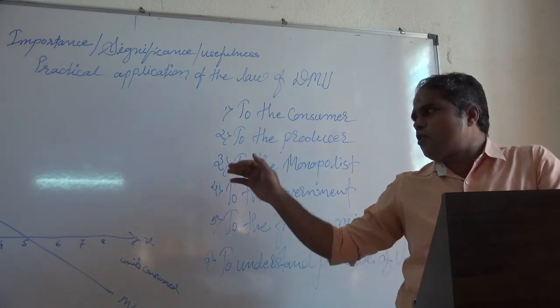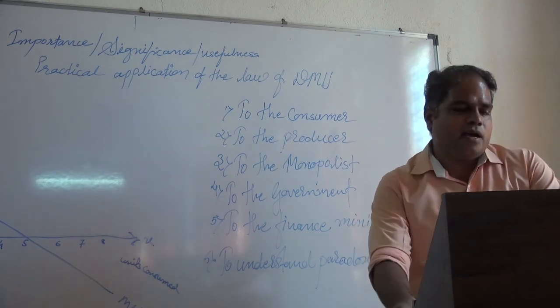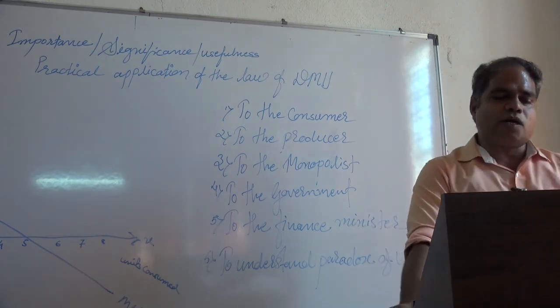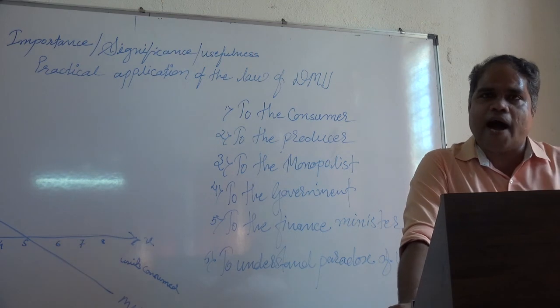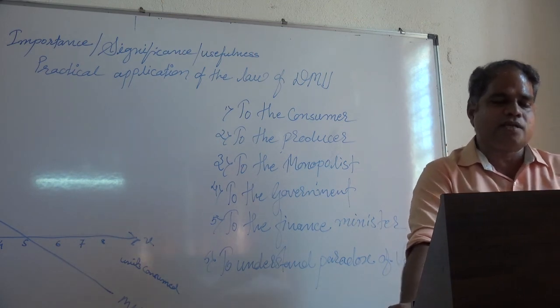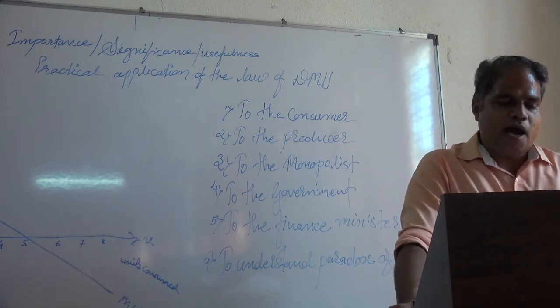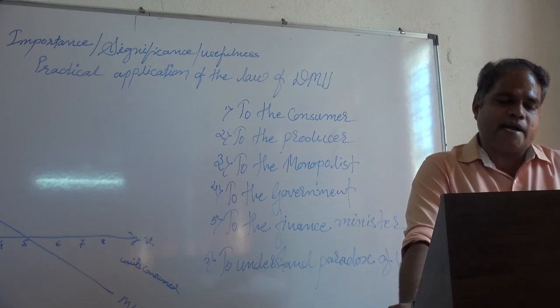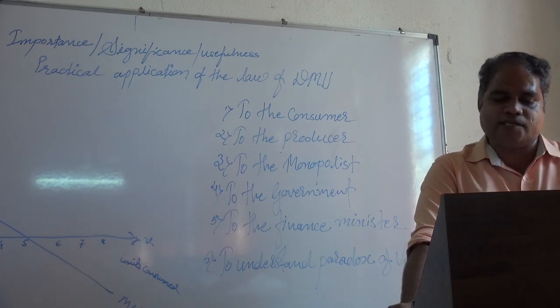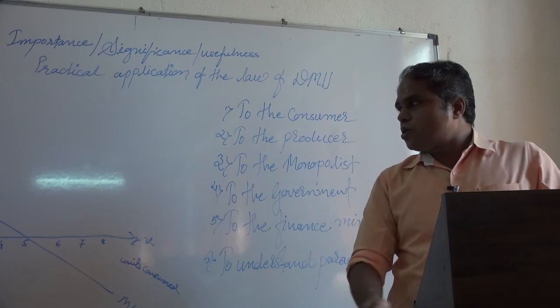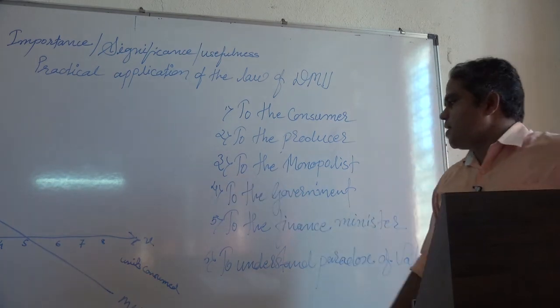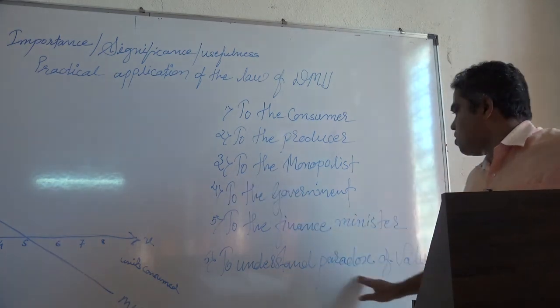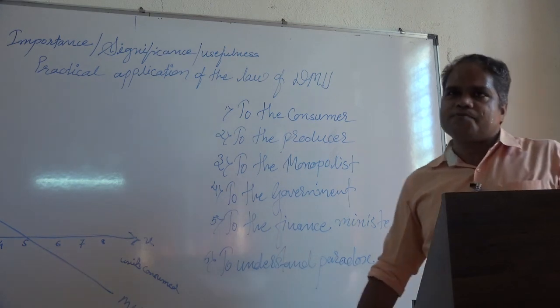So the explanation of the law of diminishing marginal utility shows that higher total utility, meaning higher total satisfaction, determines the greater value in use, and higher marginal utility denotes greater value in exchange of a commodity. So the law of diminishing marginal utility helps to understand the paradox of value. Paradox means exception.